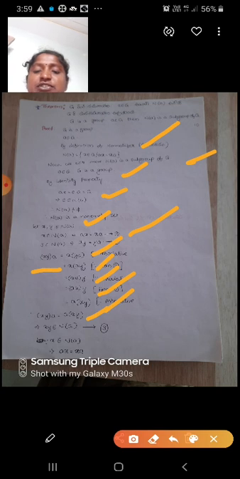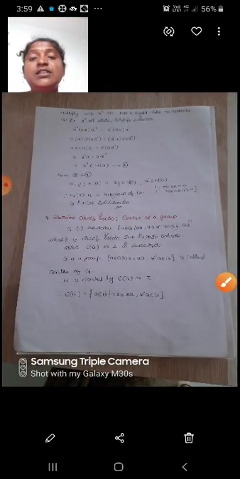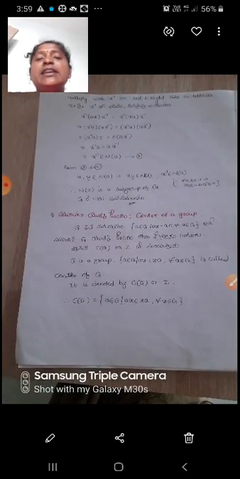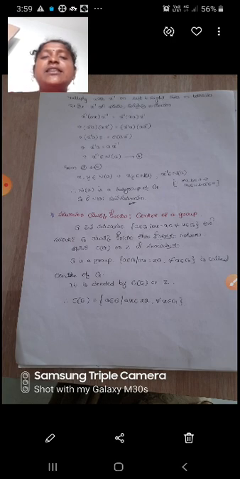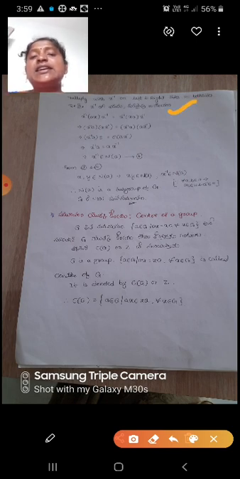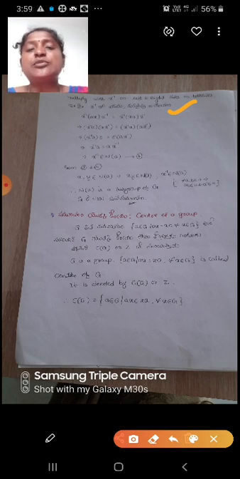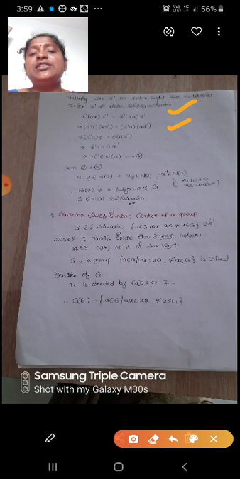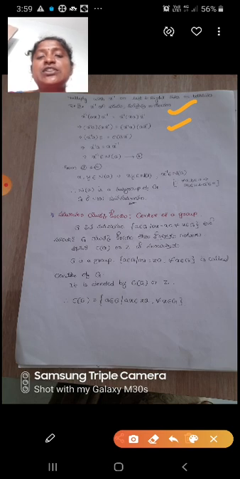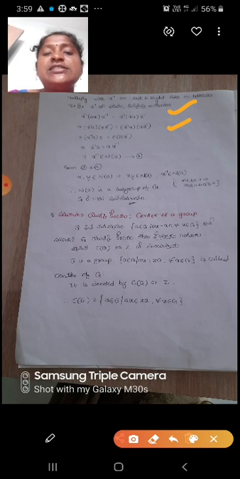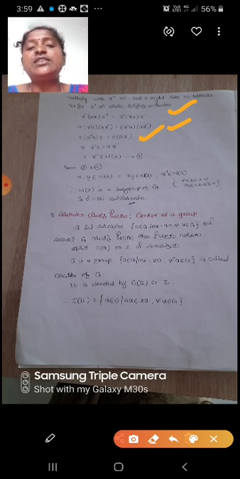Since X belongs to N of A implies AX equals XA, multiply with X inverse on the left and right sides, both sides we can multiply. So X inverse AX X inverse equals X inverse XA into X inverse. By associative property, we can write X inverse A into X X inverse equals X inverse X into A X inverse. X into X inverse equals E, so X inverse A equals A into X inverse.